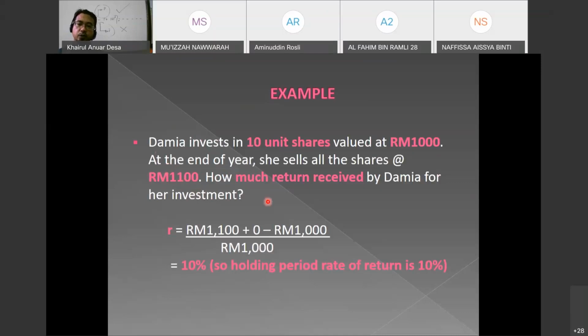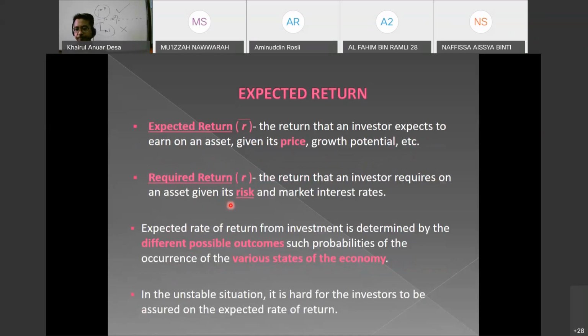Okay, so 1,100 plus nil here because there is no dividend declared, and then minus the beginning price over the beginning price, the return here is 10%. Boleh setakat itu boleh ikut? Alright, this is just the revision.